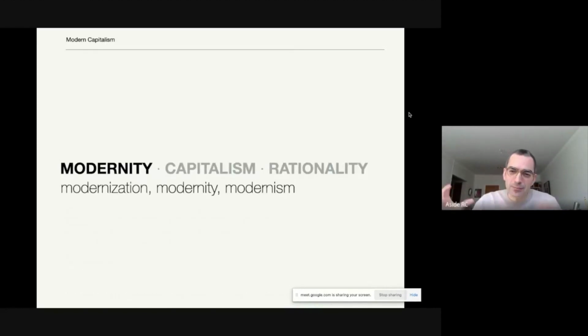All right, and then just to narrow down to modernity, what do we mean by modernity? Usually modernity is used sometimes without distinction, or is applied to processes of modernization, or to modernity as a historical period, or sometimes there's a bit of a confusion between modernity and modernism as a style.